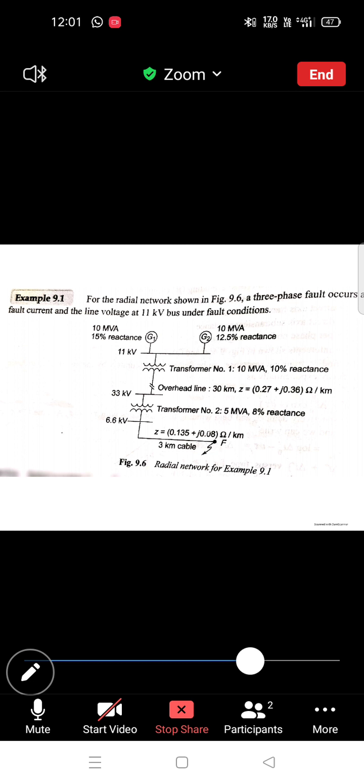To find that total impedance, first we converted the whole system into per unit, converting all reactances and impedances with the formula of MVA base divided by MVA actual. After that we get the total impedance. So now we can find the fault current as voltage divided by impedance.